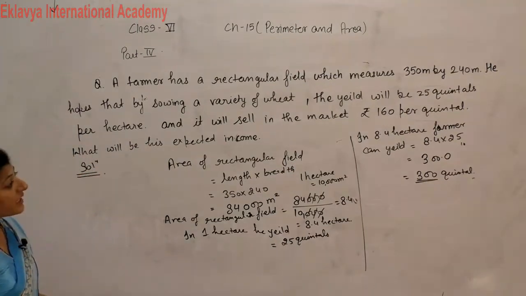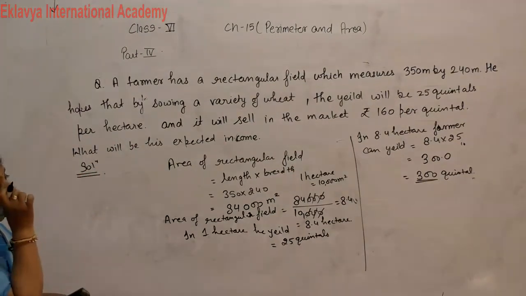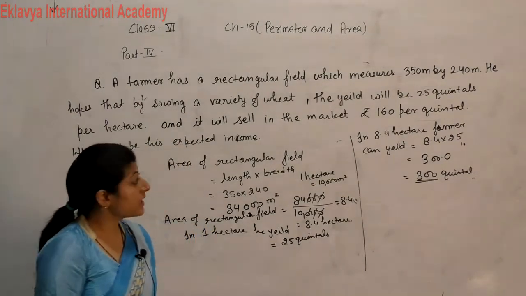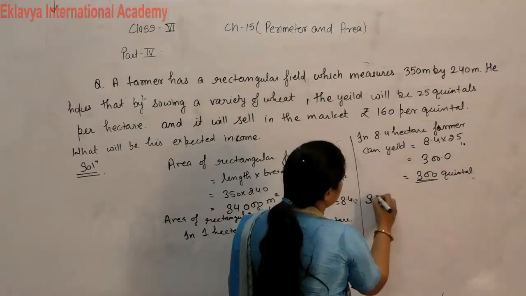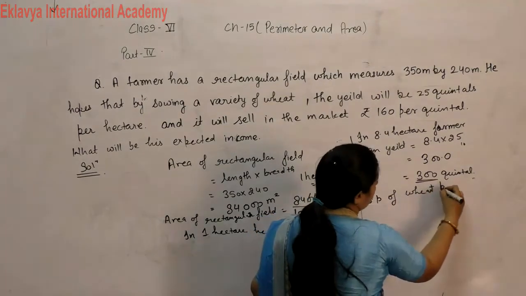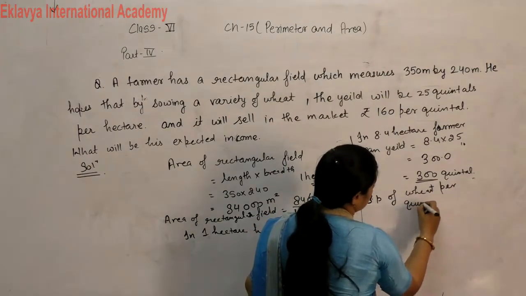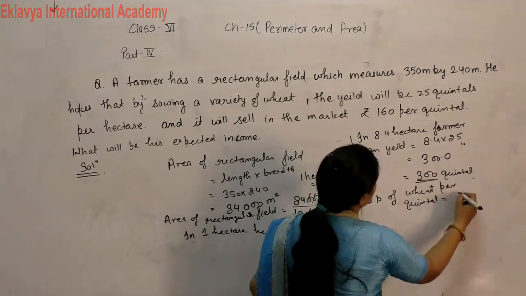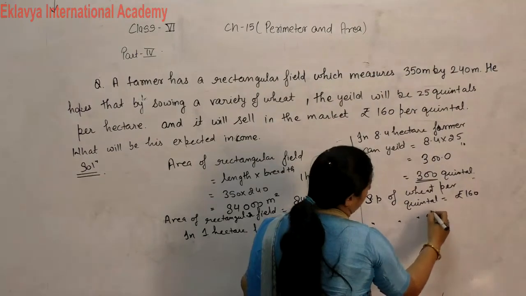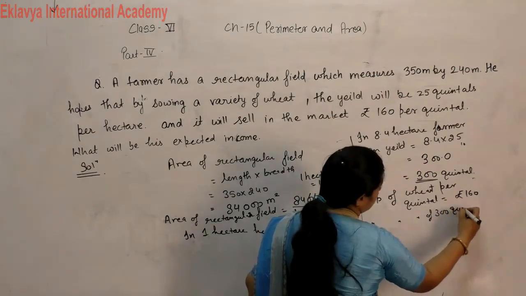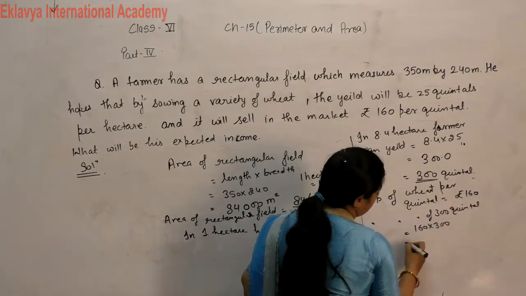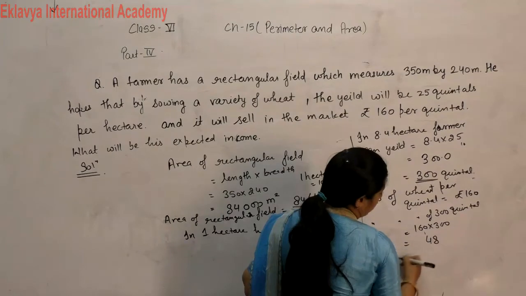Now see, in the market rupees 160 per quintal. He will sell in the market at rupees 160 per quintal. It means selling price of wheat per quintal is equal to rupees 160. Then SP of wheat of 300 quintal is equal to 160 into 300.